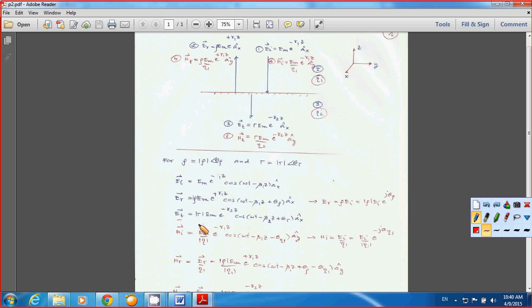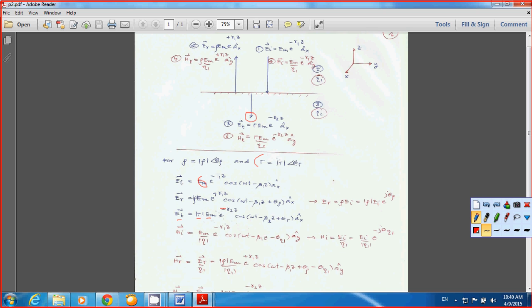Next, the transmitted electric field is equal to the transmission coefficient multiplied by EM of the incident electric field. The transmitted electromagnetic wave is still moving in the positive z direction, so you have the negative sign here, but your gamma has to change from gamma 1 to gamma 2.